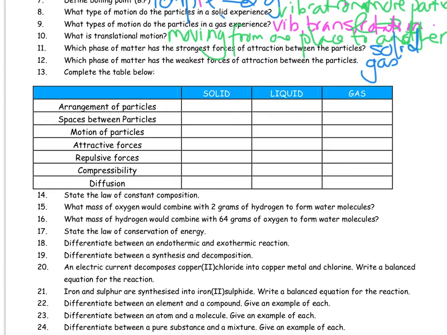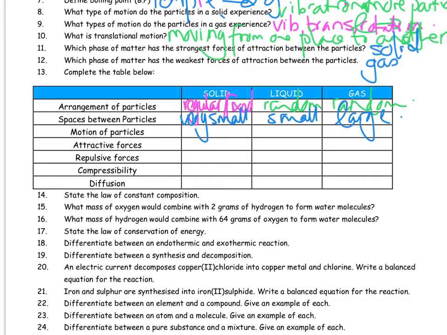If we have to talk about the arrangement of particles in a solid, they are regular or fixed. In a liquid, they are random, and in a gas, they are random. The spaces between the particles of a solid, very small. Liquid, small. Gas, large.